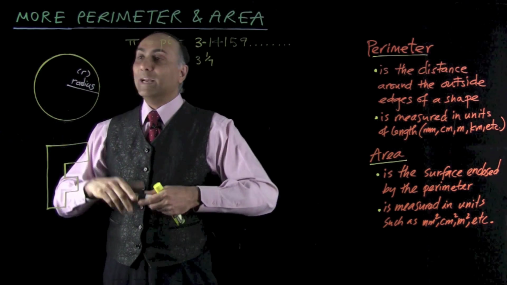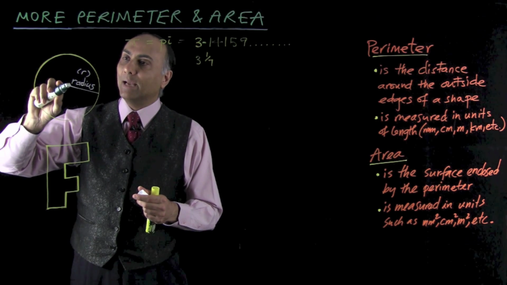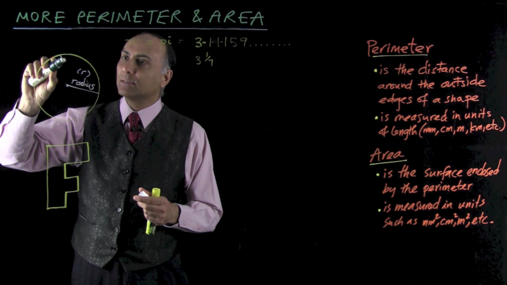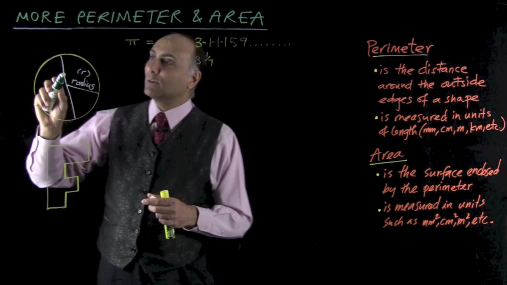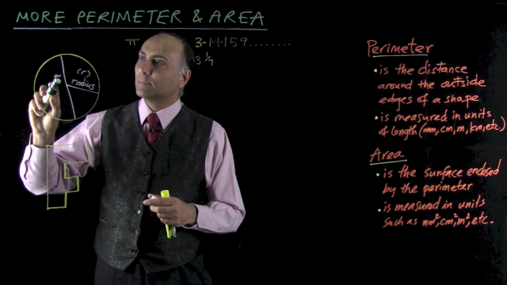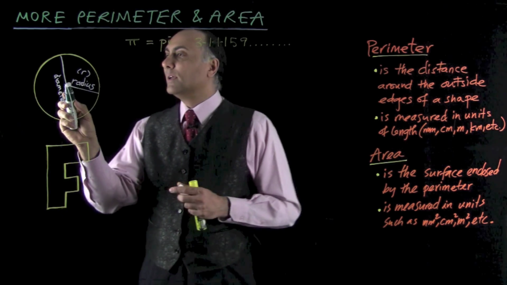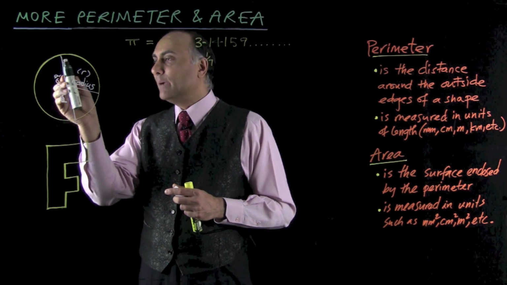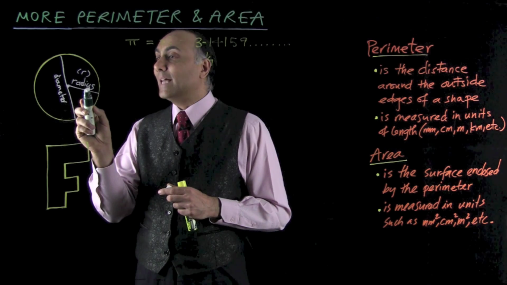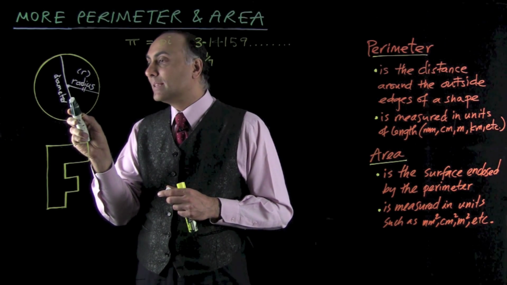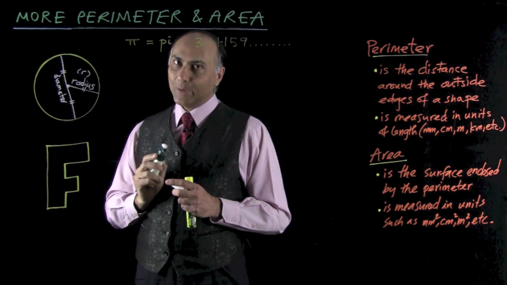Another measurement relating to a circle that you need to know is the diameter. Now the diameter is simply the distance from one edge to the opposite edge. That would be called a diameter. Now there's the center of the circle, and a diameter must go through the center, otherwise it would not be a diameter. So you will notice that if that's the radius, then this piece here is also a radius, and this piece here is also a radius.